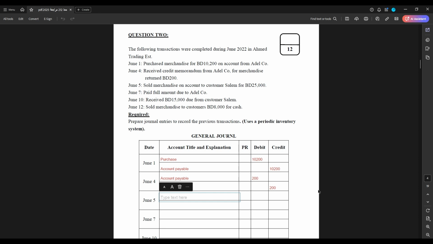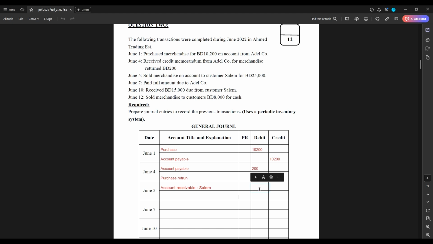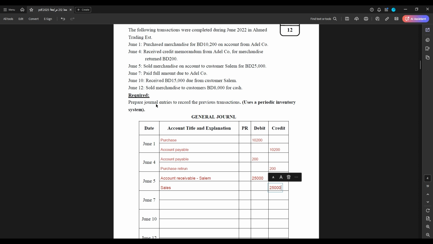So we'll have accounts receivable Salim, debit 25,000 and credit sales.